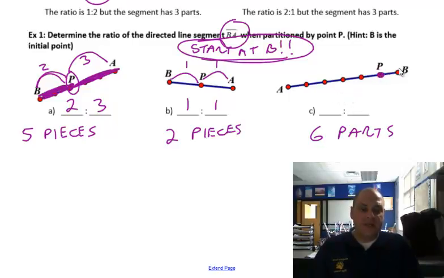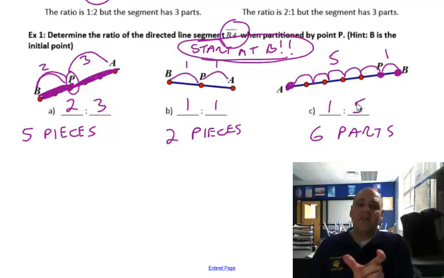Here's point P, here's point B, here's point A. We have to start at B. So starting at B, there's 1 segment. And then if I go from P to A, there's 1, 2, 3, 4, 5. So it's a 1:5 ratio.